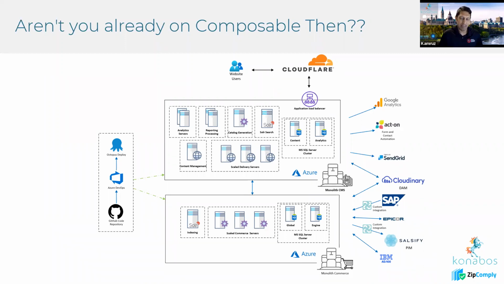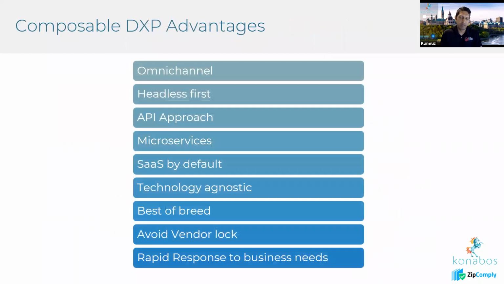Composable DXP itself does bring a number of advantages, right? There are a number of advantages of using composable DXP systems. Some of the top ones are they are typically omni-channel systems.